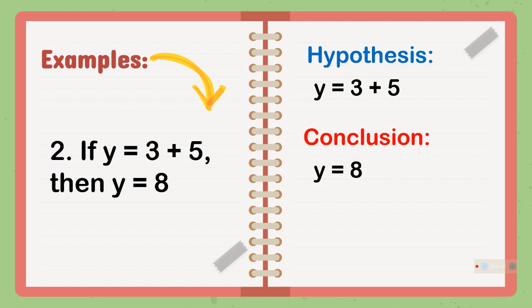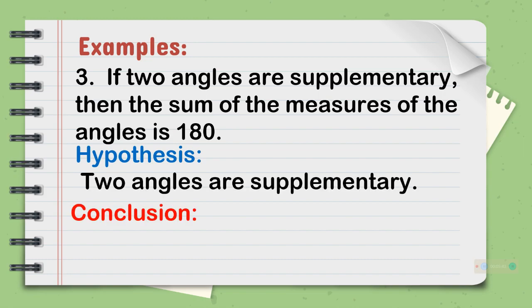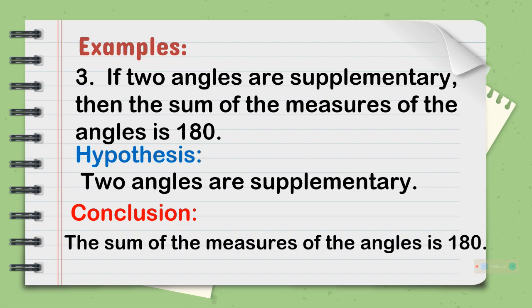Next, for the third example: if two angles are supplementary, then the sum of the measures of the angles is 180. Which do you think is our hypothesis here? We have two angles are supplementary, correct. How about our conclusion? The sum of the measures of the angles is 180, correct.